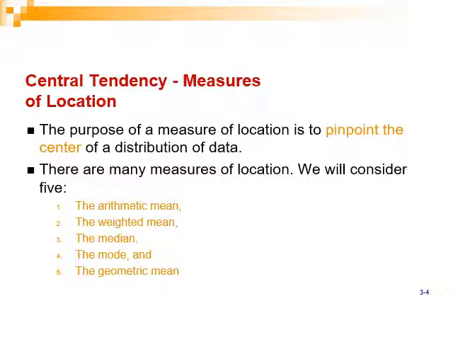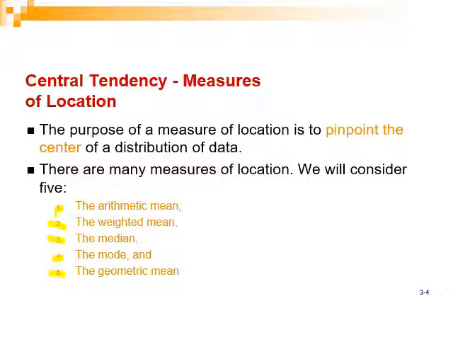So we have 5 common measures used to know the central tendency of the data. The first one is the arithmetic mean, and the second one is the weighted mean. Then we will use the median, the fourth one is the mode, and finally the geometric mean.